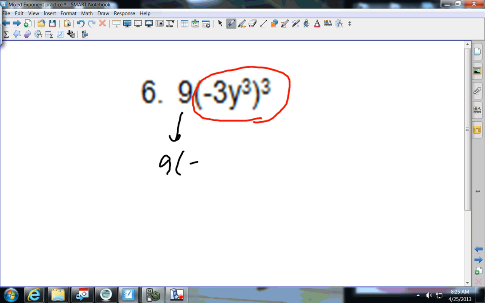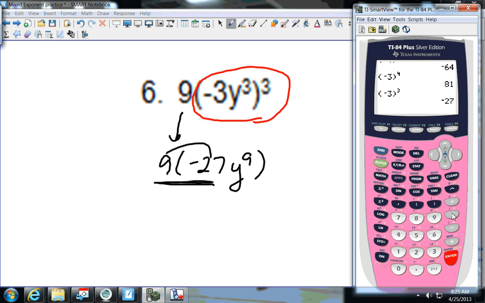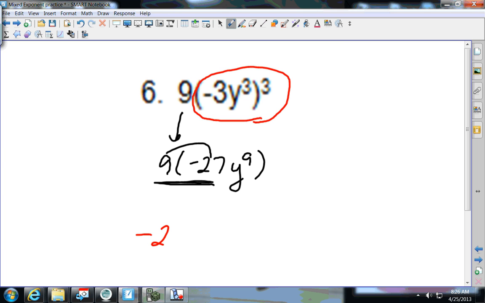I'm going to have 9, and I've got negative 27. And then y to the third power to the third power, 3 times 3 is 9, y to the ninth. Now multiply these two, just like the distributive property here. 9 times negative 27. Negative 27 times 9 gives me negative 243. So my answer becomes negative 243 y to the ninth.